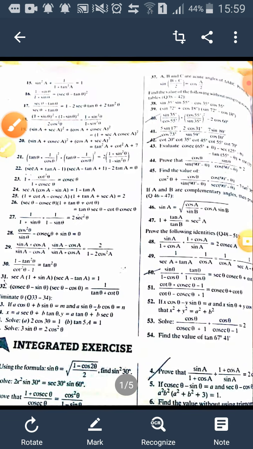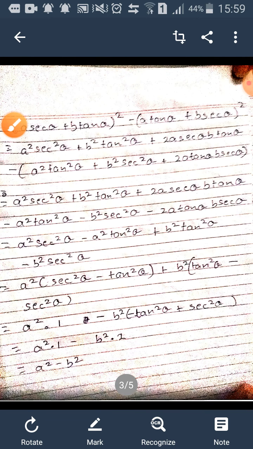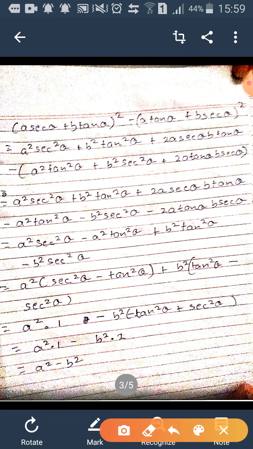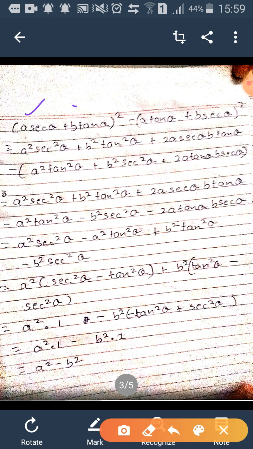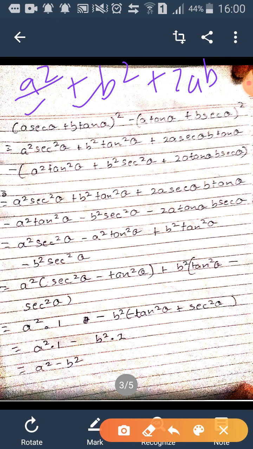This one if you solve, I have again copied down the previous step over here: a sec theta plus b tan theta whole square minus a tan theta plus b sec theta whole square. For now, this is your a and this is your b. So a plus b whole square is a square plus b square plus 2ab. What is your a square? a square into sec square theta.